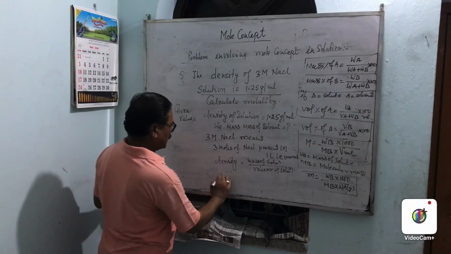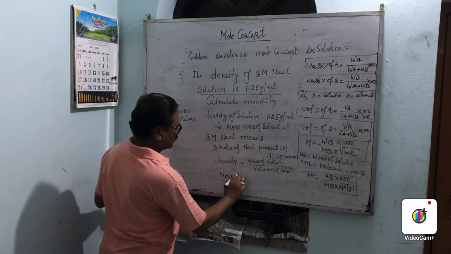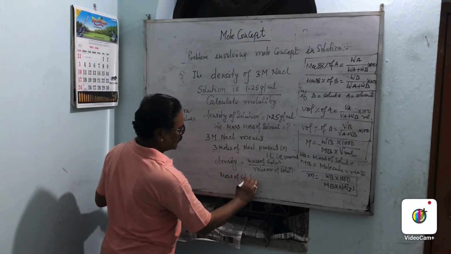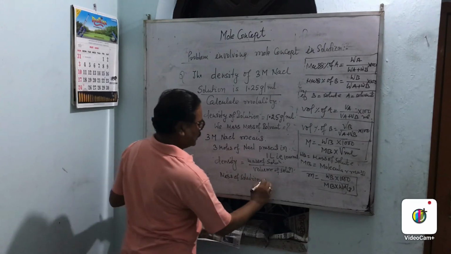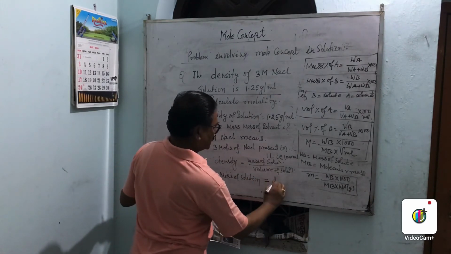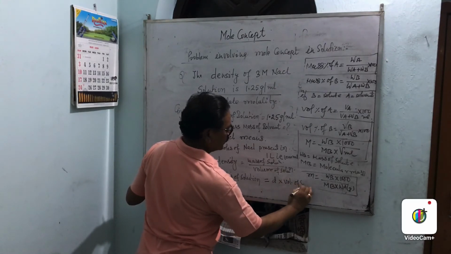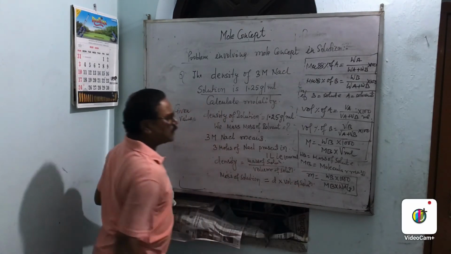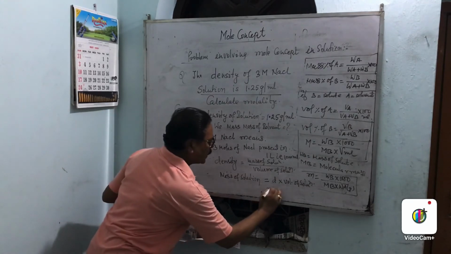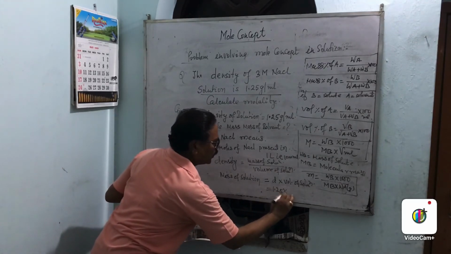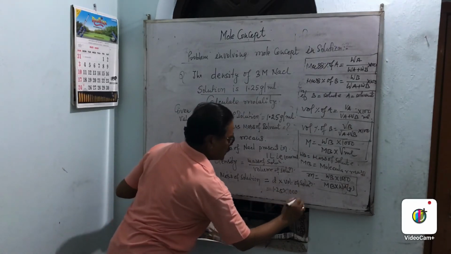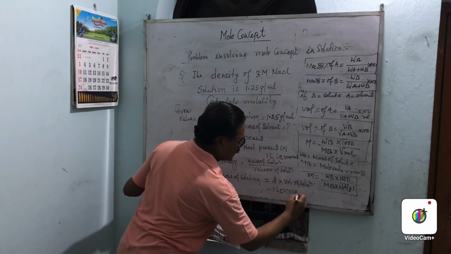So mass of solution we are able to calculate. How will we calculate? This is density into volume of solution. So we write here 1.25 times 1000. Milliliter and milliliter will cancel out.